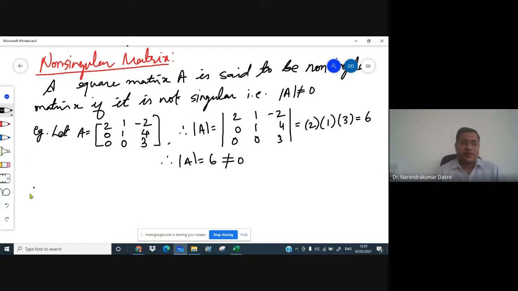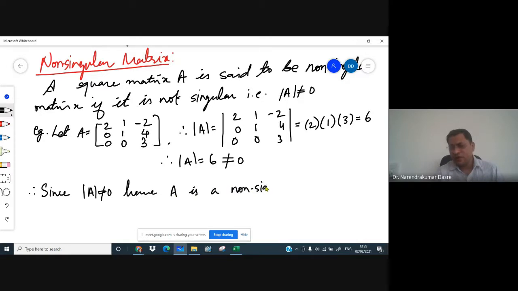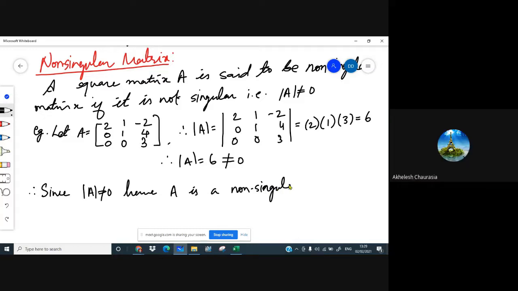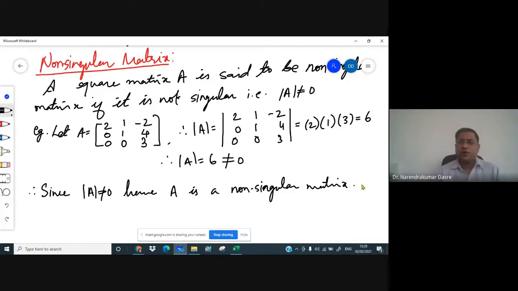Since the determinant of A is not equal to 0, what we can say is hence A is a non-singular matrix. So A is going to be a non-singular matrix.